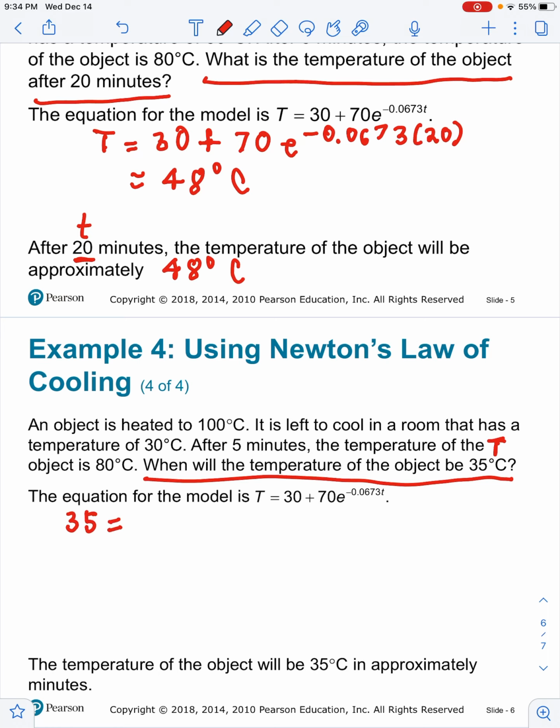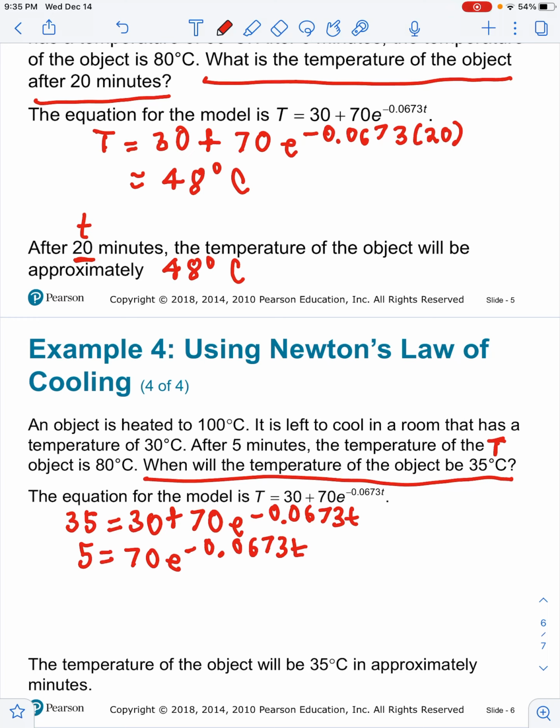So I've got, and I'm going to do it over here because I might need the room, 35 being plugged in for the uppercase T equals 30 plus 70 times e to the negative 0.0673 t. And I'm going to start by subtracting 30 from both sides. That's going to give me 5 on the left side equals 70 times e to the negative 0.0673 t. Now, you should know what to do and could go ahead and solve.